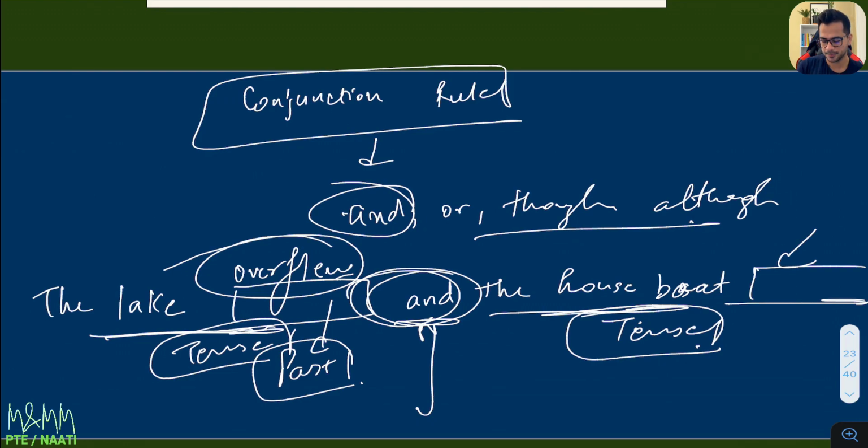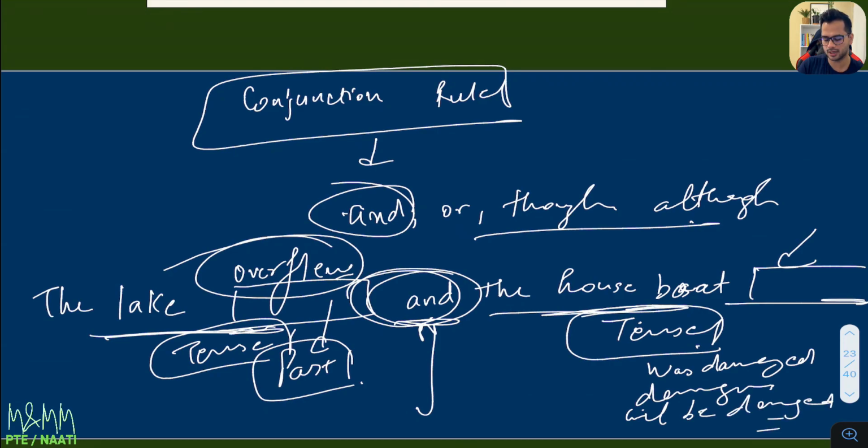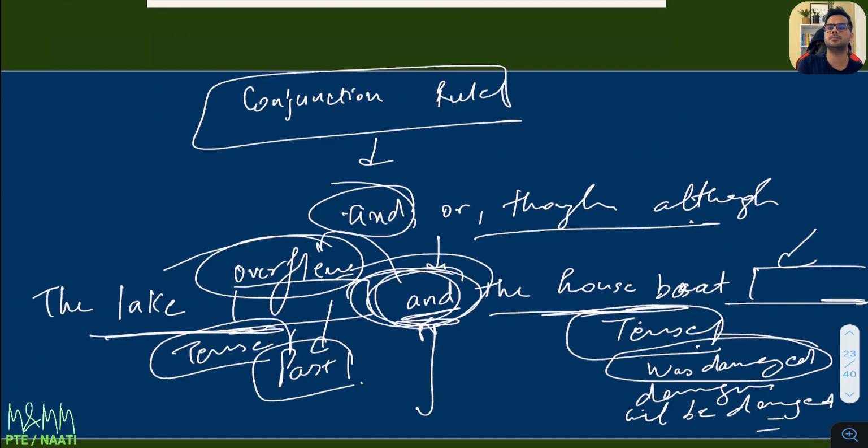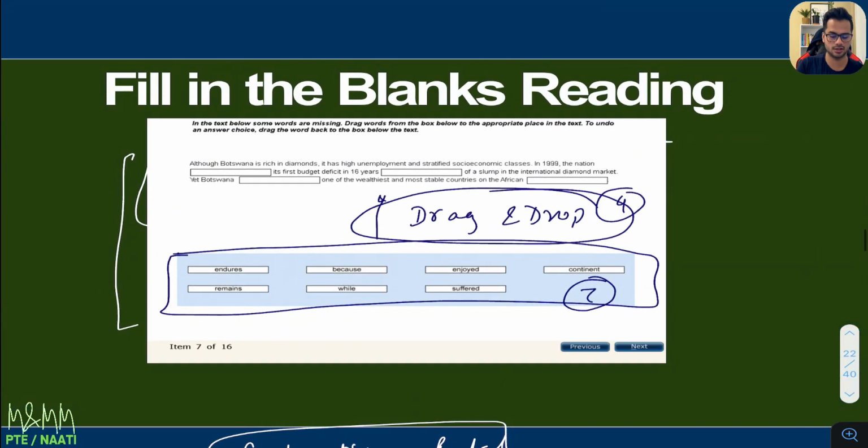The options might be was damaged, damaging, will be damaged. I'm just putting some random examples, but I hope you understand the concept behind it. The lake overflew, past tense, and the houseboat was damaged, or rotted, any word, but it has to be in the past tense. Why? Because before the word and, the previous sentence was also in the past tense. So that's another way of finding the correct answer.